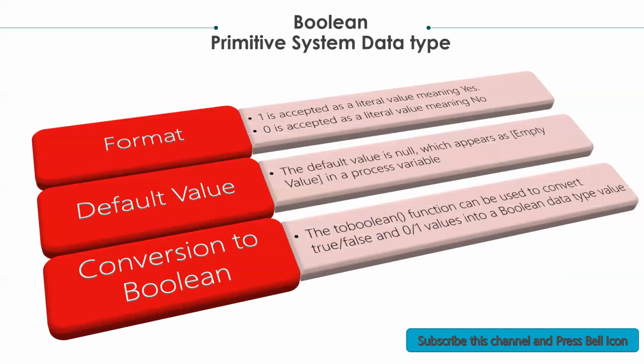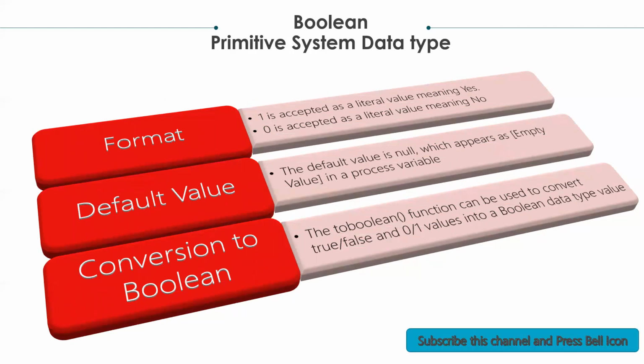Boolean. This primitive type includes true or false values. One is accepted as a literal value meaning yes. 0 is accepted as a literal value meaning no. The default value is null, which appears as an empty value in a process variable.